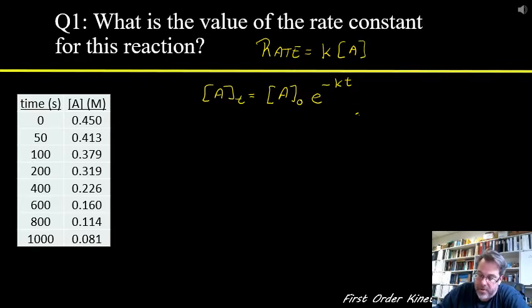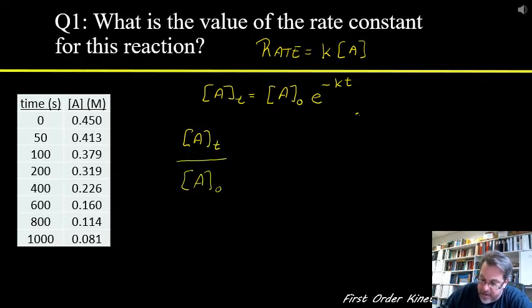We'll divide both sides by the initial concentration of A, or A0. So this will give us concentration of A at time t divided by concentration of A at time 0 is equal to e to the minus kt.